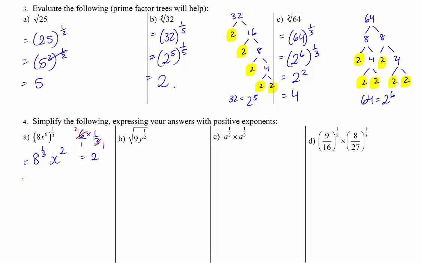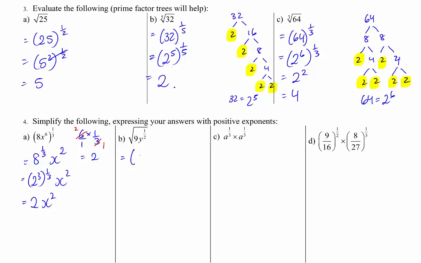Okay, just as an aside, cubed root of 8, if I think about the powers, 8 is 2 cubed, or to the power of a third, x squared. So that's 2x squared. Remembering you can evaluate the numbers on your calculator, I'm just showing how to do it without a calculator.